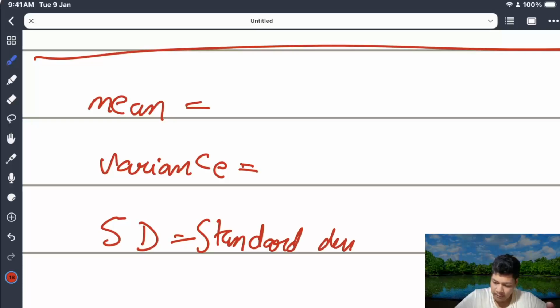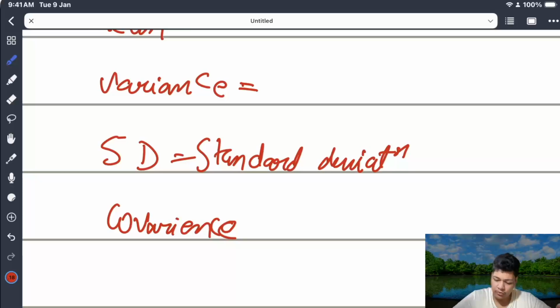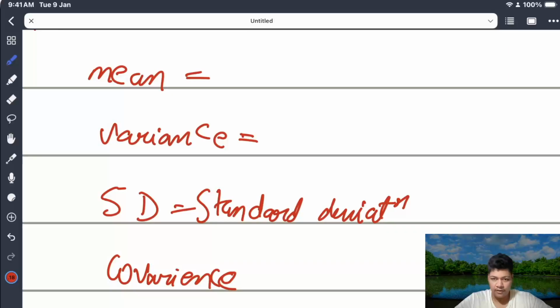Everyone in the comment section, just type me the definition. And what is covariance? And what is R square? Just answer these five. If you understand this from the video, just answer all these five, and I'm explaining.